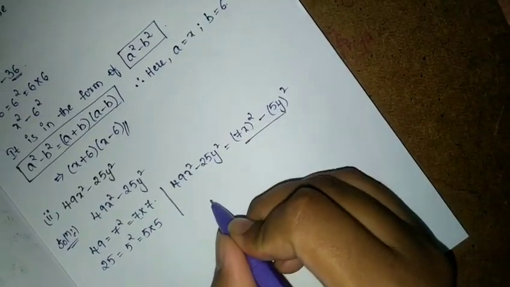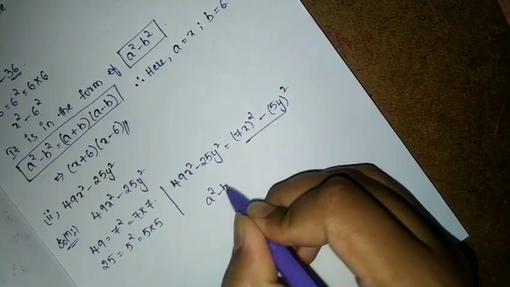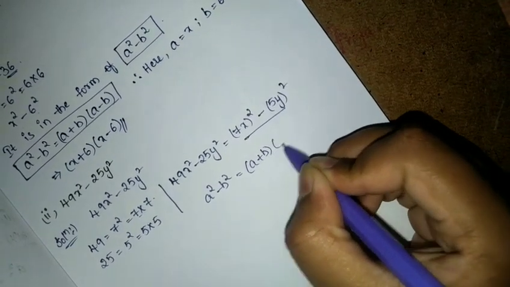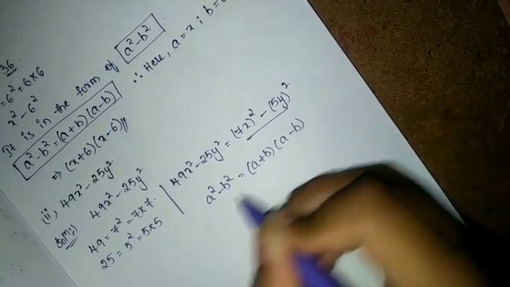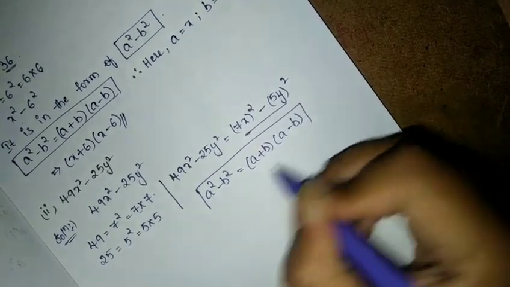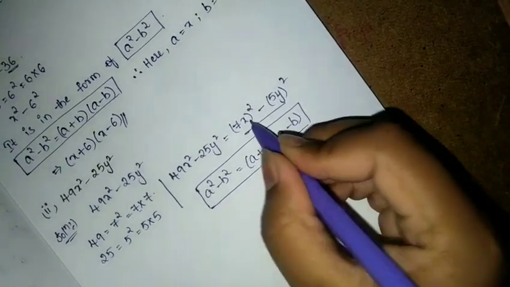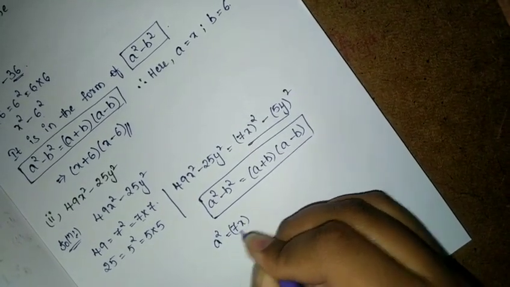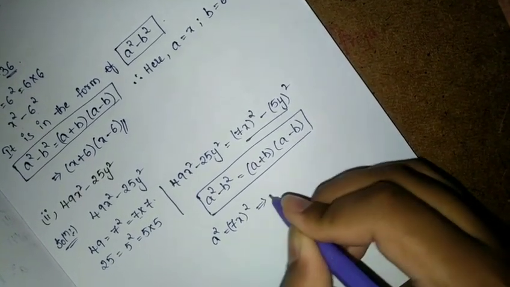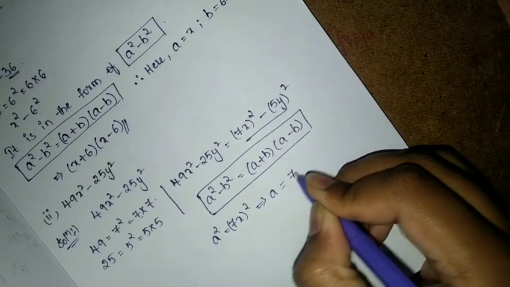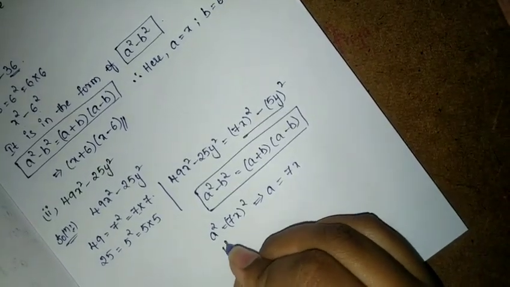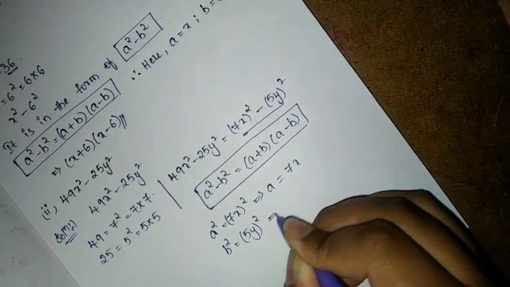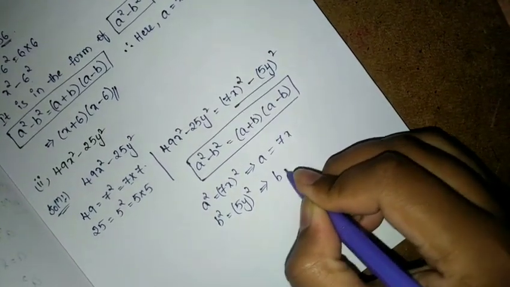So it is in the form of a square minus b square. The formula for this is (a plus b) into (a minus b). So here a square is (7x) whole square, from this we have a equal to 7x, and b square means (5y) whole square, from this b equal to 5y.